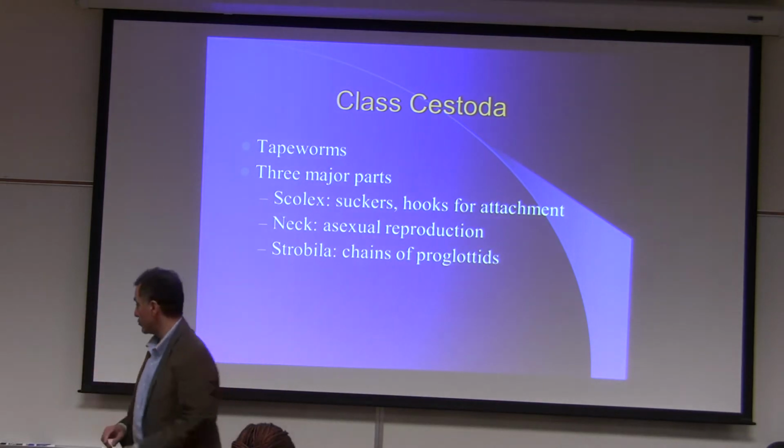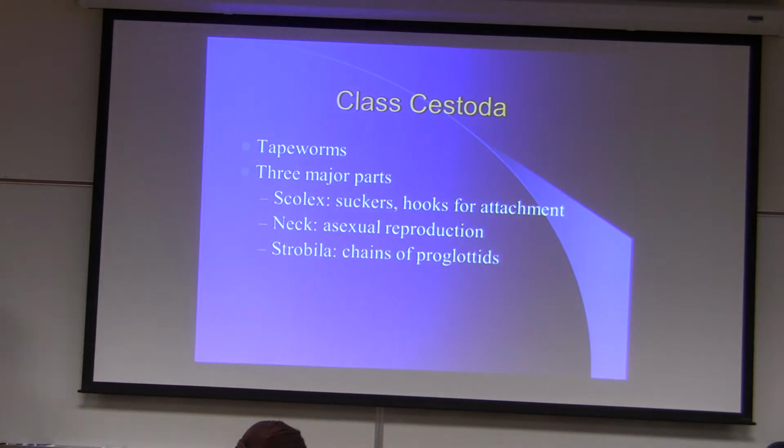When we talk about the strobila, at the anterior end of the animal, this is the scolex. You remember I did draw it, if they have hooks, suckers, okay? And this is the neck region, right? Asexual reproduction, germinative zone here. Then you have the mature and immature proglottids.